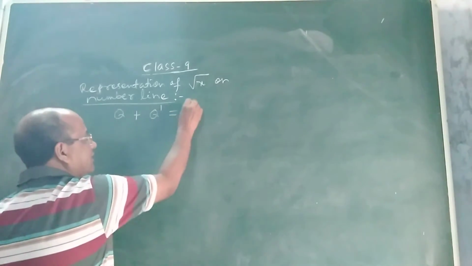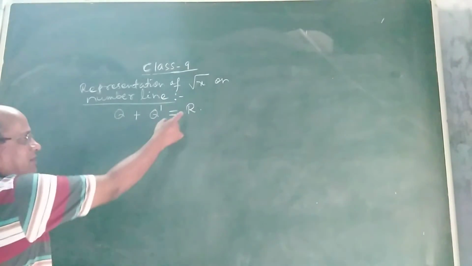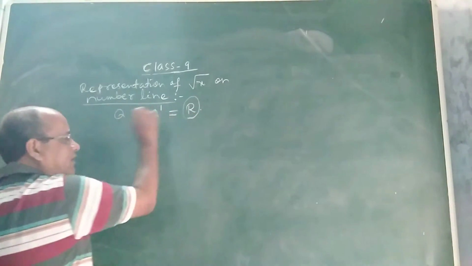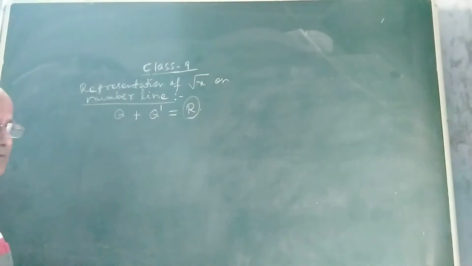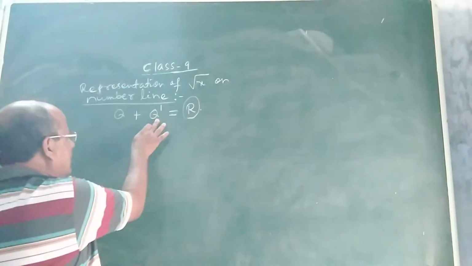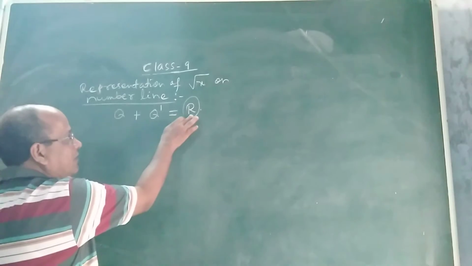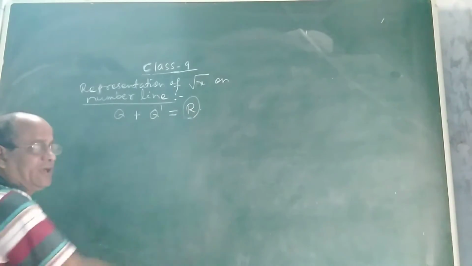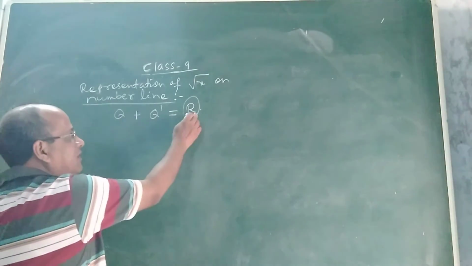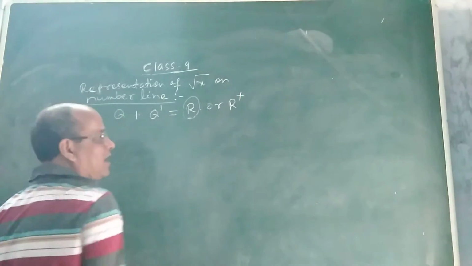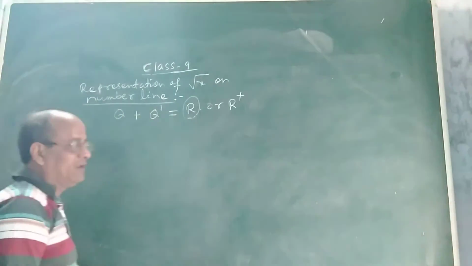This will be the set of real numbers R. R stands for real numbers, and in fact we are discussing only positive real numbers, not negative. So Q plus Q dash, the set of rational and irrational numbers, constitutes the system of real numbers, or positive real numbers. In some books it is written R plus, the set of positive real numbers.